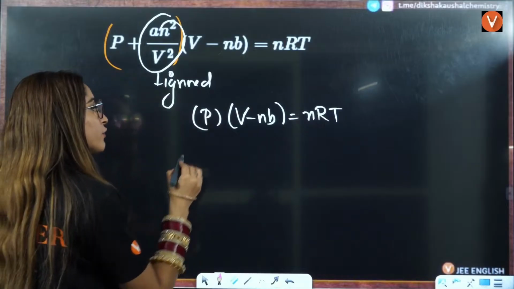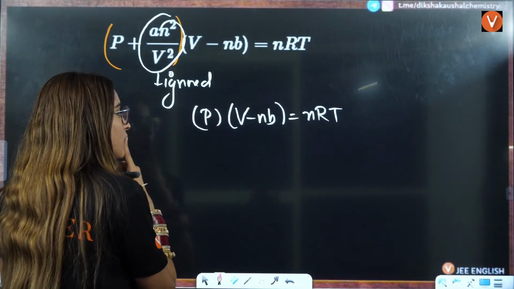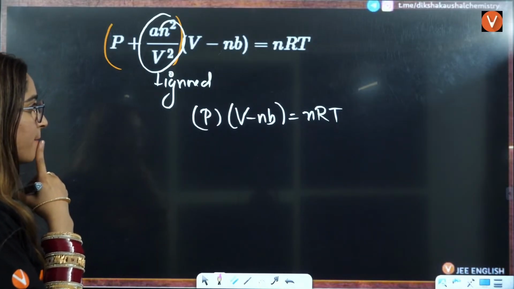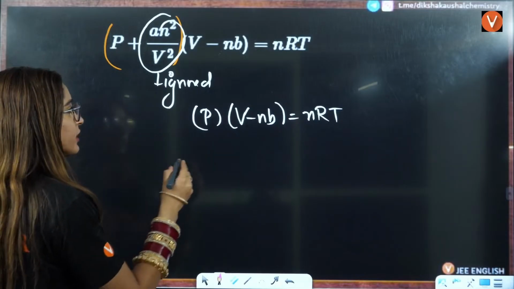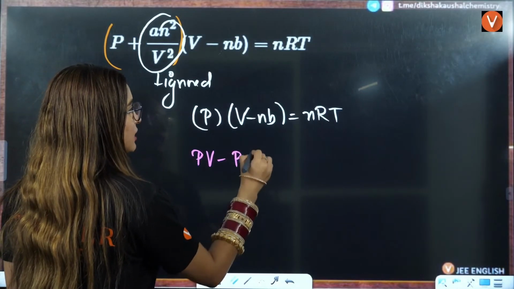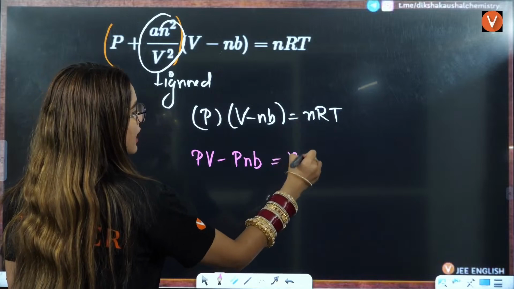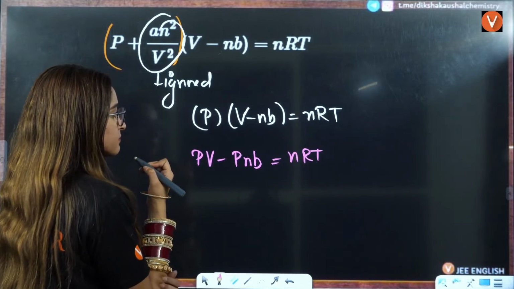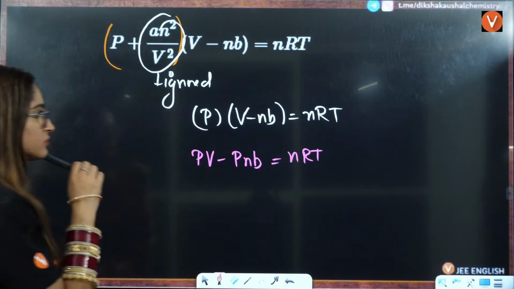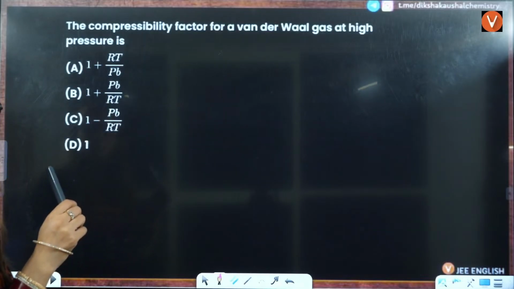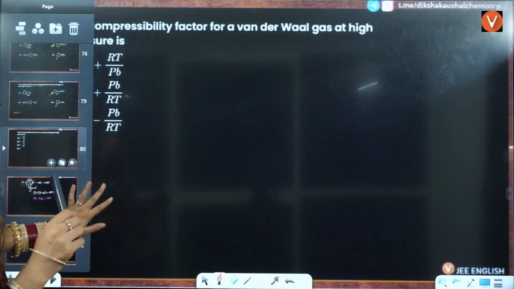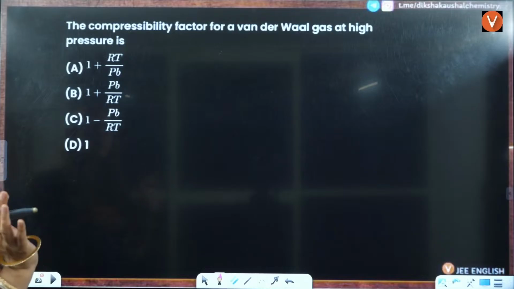So if you solve it, let us solve it here. This is PV, and this is Pnb, and this is nRT. From there you can solve. 1 plus Pb by RT is going to be the answer.